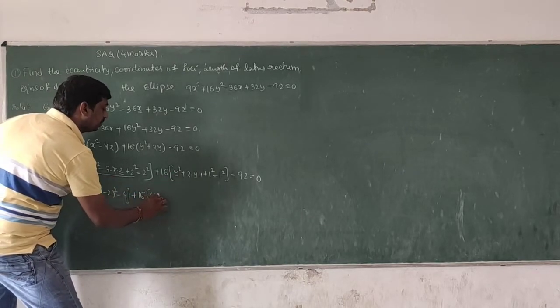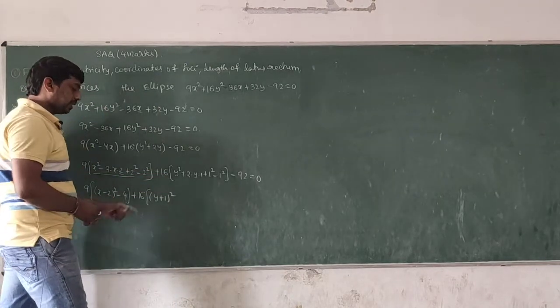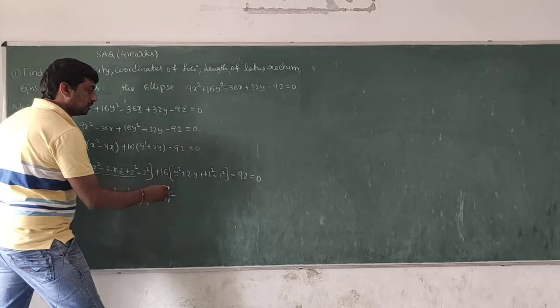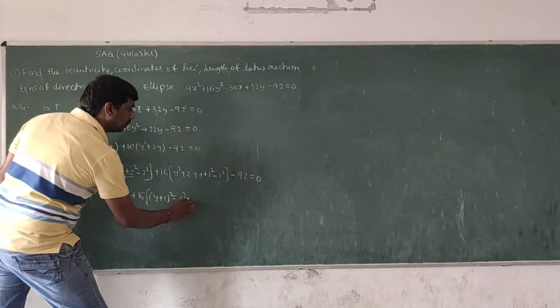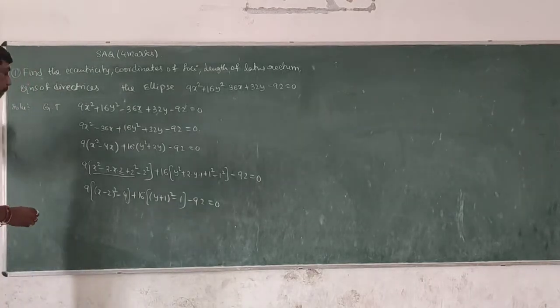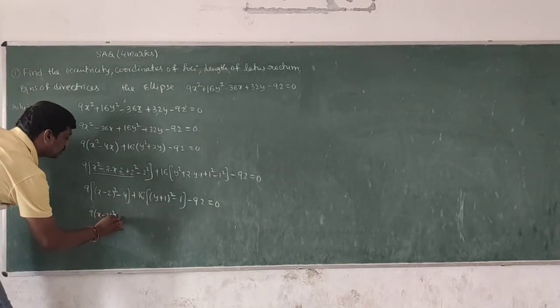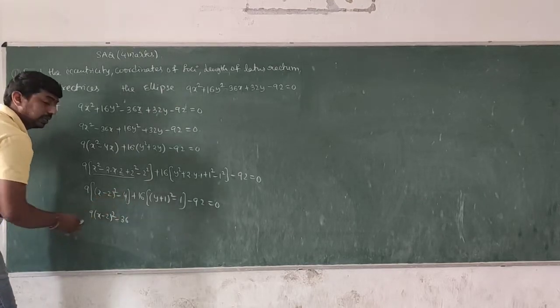The first three terms can be written in the form a square plus 2ab plus b square, that is (y plus 1) whole square minus 1 square, which is 1 only, minus 92 as it is. Now simplify this one. 9 into (x minus 2) whole square, 9 times 4, that is the product.